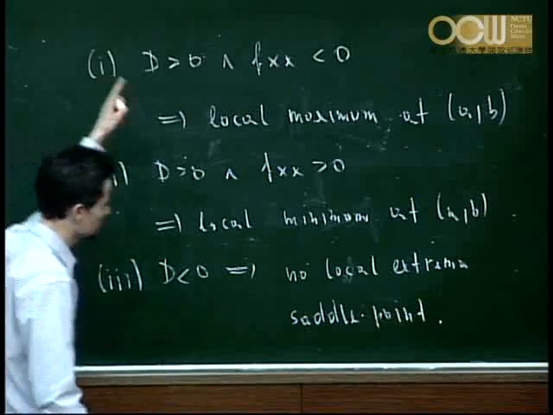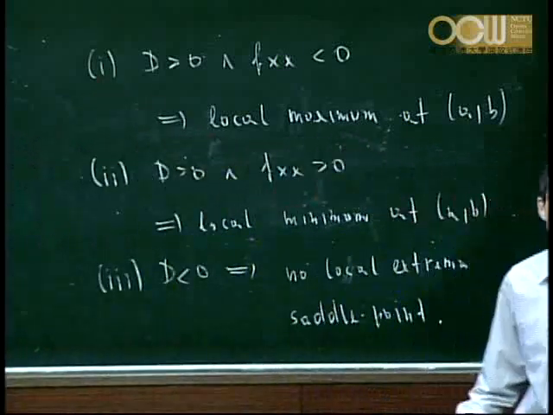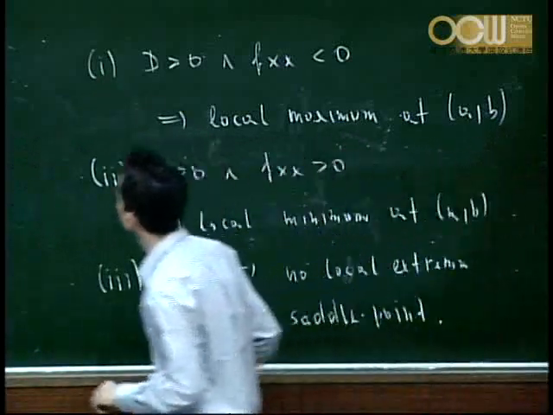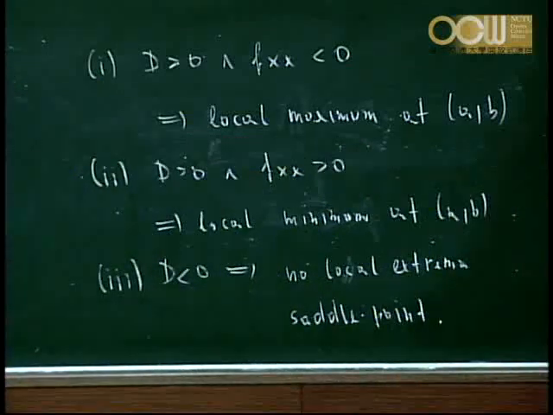And just to show you that if D is equal to 0, there is no way that you have such a result, look at the following function. It's not so complicated to find a function which tells you that you really don't have a decision.